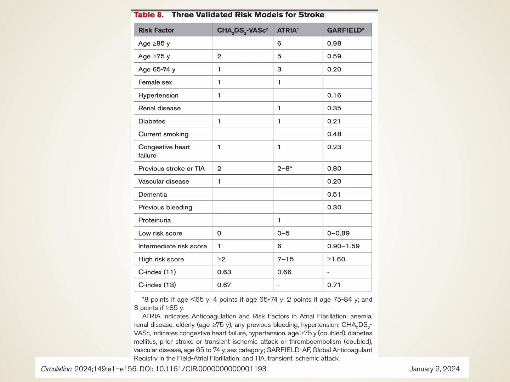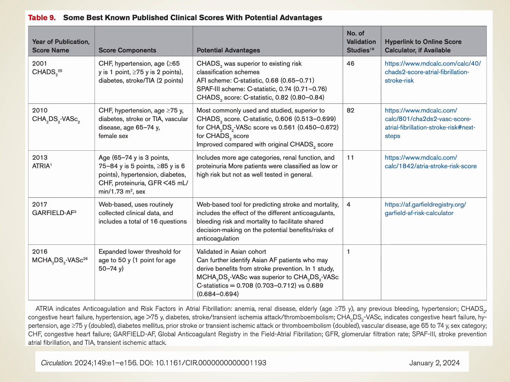There are two other scoring tools. I don't have a lot of familiarity with these, but other clinicians may, and you may hear about them. One is ATRIA, and the other is called GARFIELD, where there is a point value system for some of the same elements, and then some of these include elements that are or aren't included in the CHA2DS2-VASc scoring system. The published studies related to these are listed.